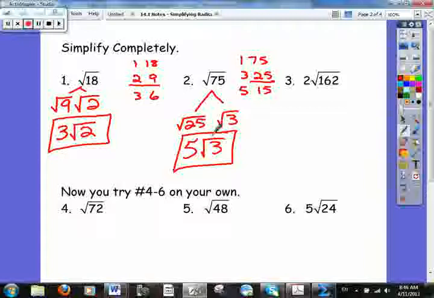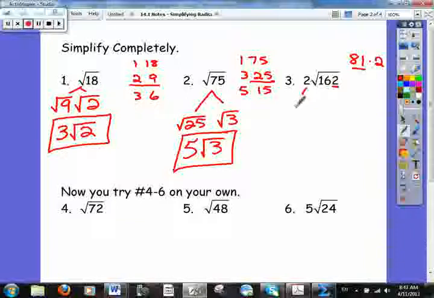Alright, now, I have a coefficient in front of this radical. This says 2 times the square root of 162. So I am going to factor 162, and then I'm going to multiply whatever that is by 2. 162, you know, I don't know the factors of 162 right off the top of my head, but I do see that it's an even number. So if I divide 162 by 2, I end up with 81 times 2. Well, I know that 81 is a perfect square.